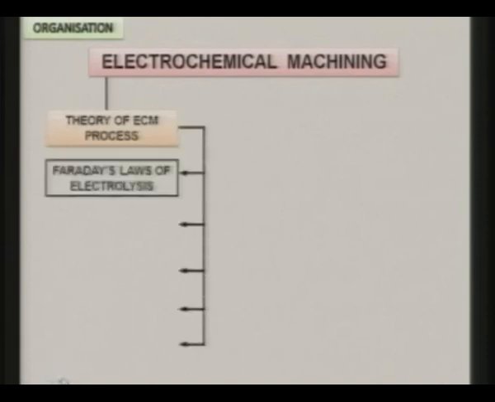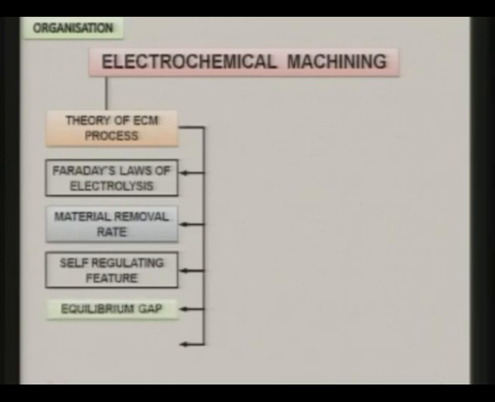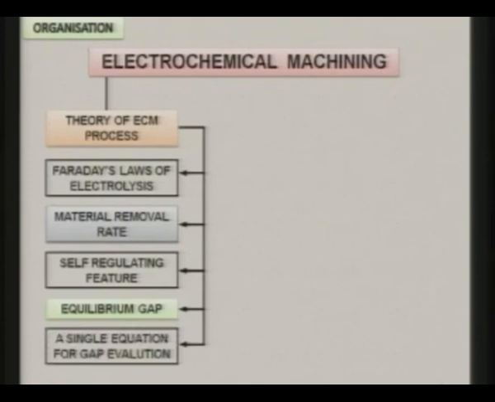Then I will discuss in the next lecture the theory of electrochemical machining processes: Faraday's laws of electrolysis, material removal rate, calculation of material removal rate, self regulating features of the electrochemical machining process, and equilibrium gap. Then we will derive a single equation which will be applicable for zero feed rate as well as finite feed rate.